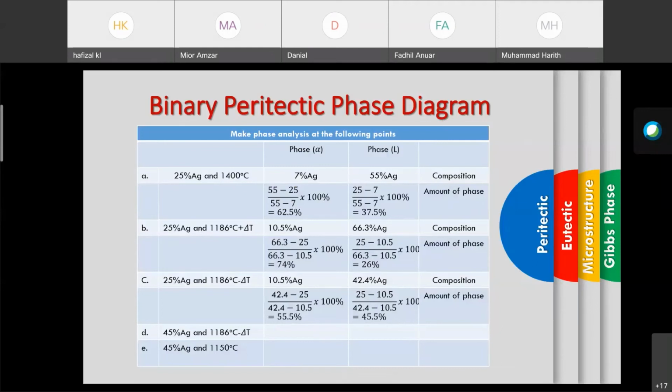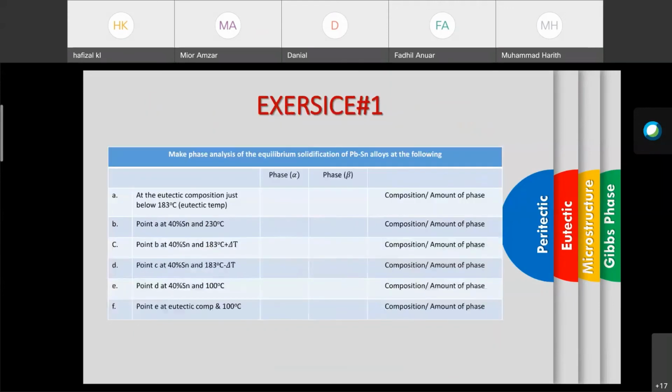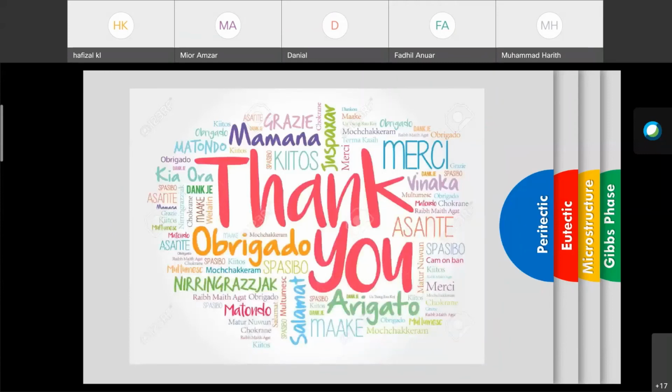What happened at the 45%? What happened to the 60%? Maybe you can draw the microscopic diagram, and also calculate the value of the fraction by using your lever rules.